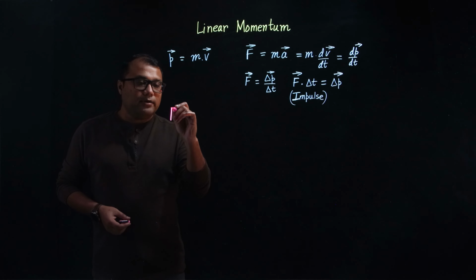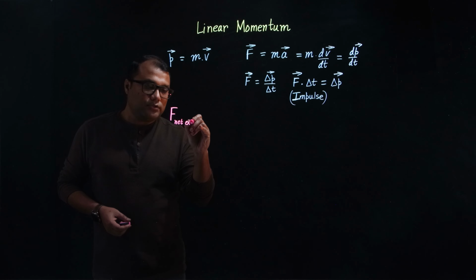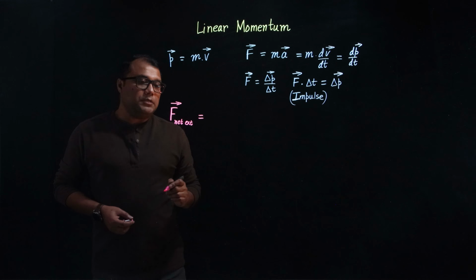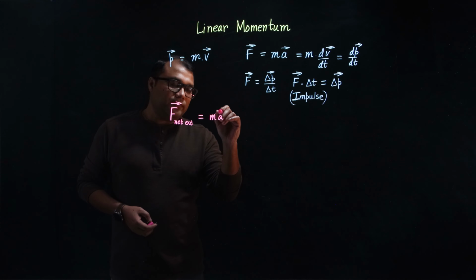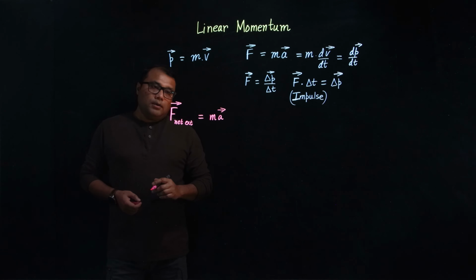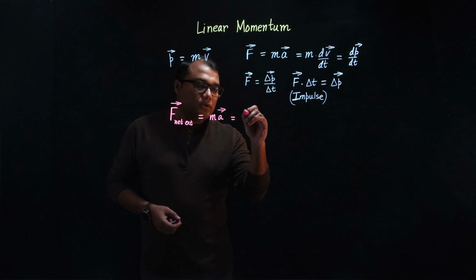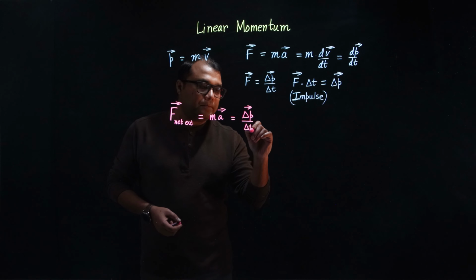Now again going back to Newton's second law. The net external force on a body is equal to the mass times acceleration of the body. Or we can say this is equal to change in momentum over a period of time.